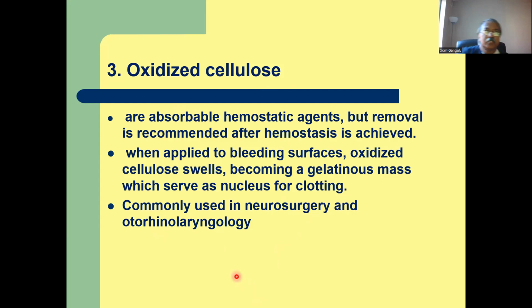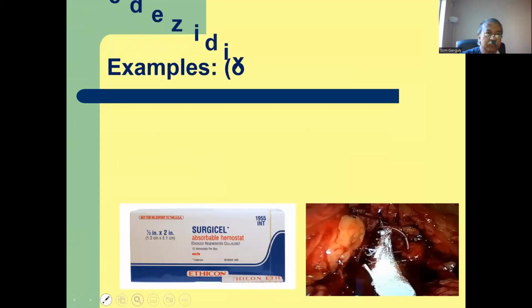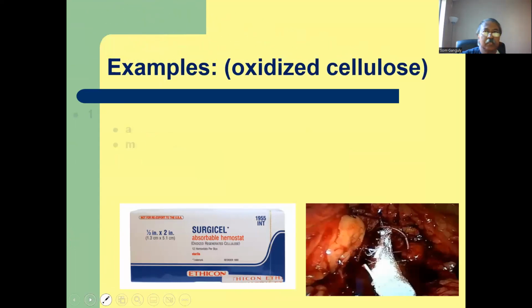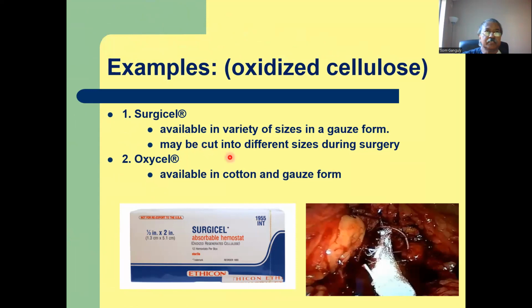It's not large, and it can be applied using a narrow tissue forceps. Here are some oxidized cellulose examples. Surgicel is like a surgical silk, oxidized cellulose, but it is available as a strip of silk material.